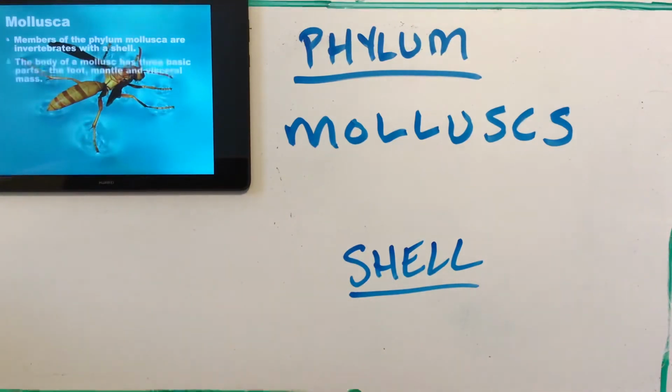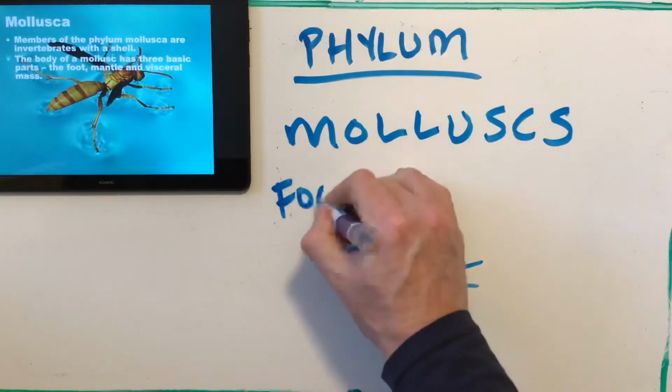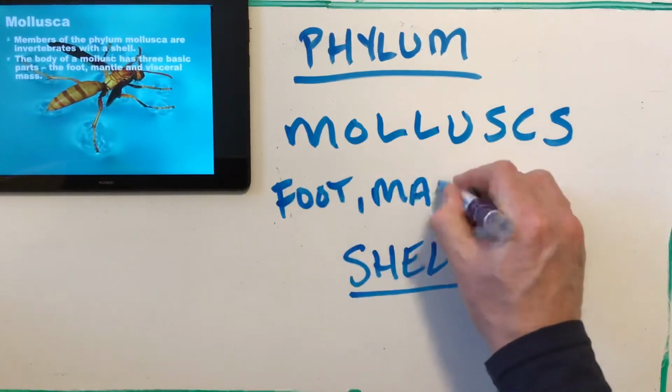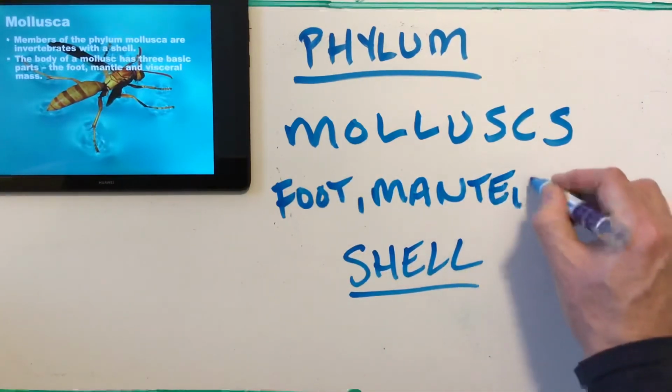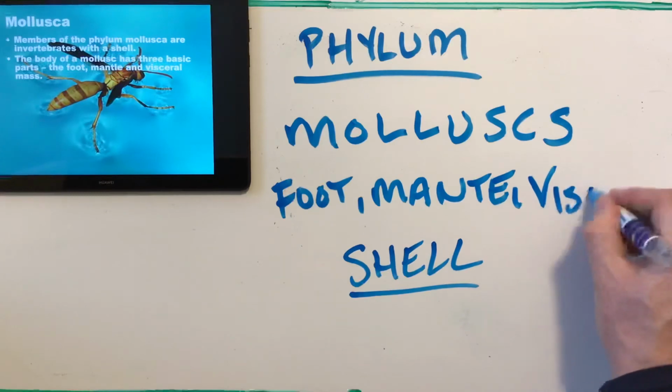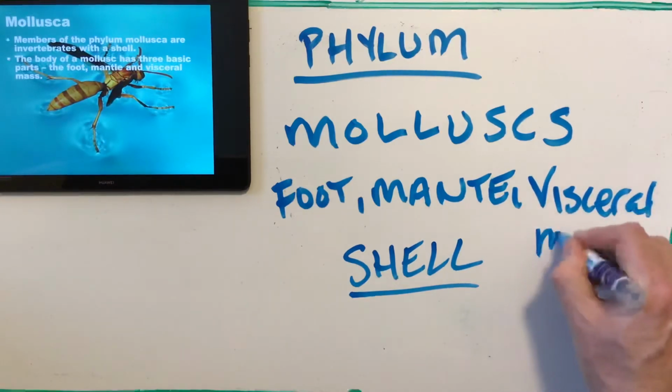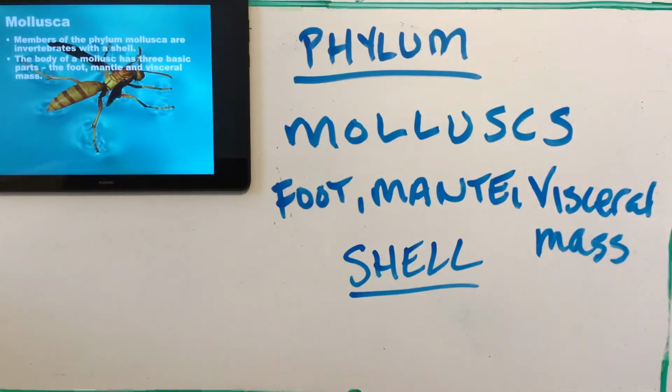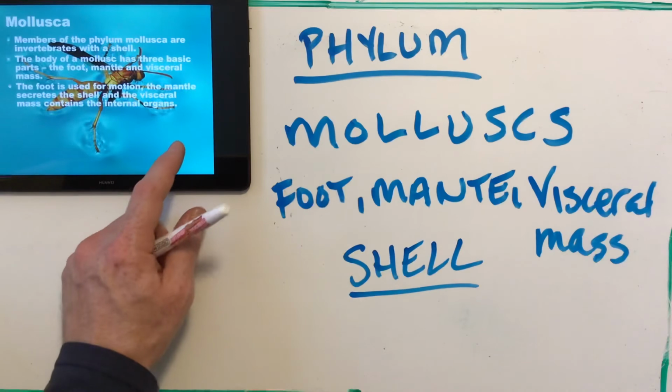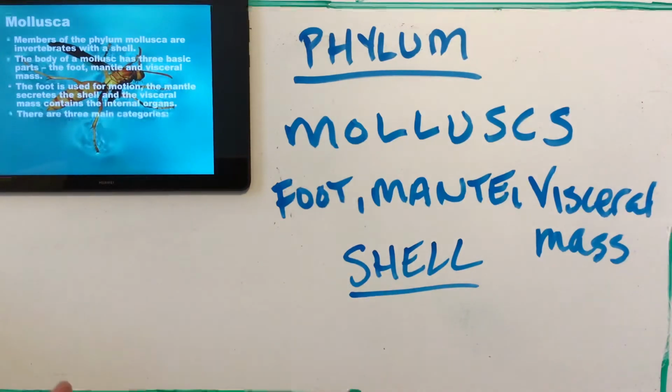There are three basic parts: the foot, the mantle, and the visceral mass. That's the kind of thing we're going to be looking for here. The foot is used for motion like our feet. The visceral mass contains the organs, and the mantle is what makes the shell.